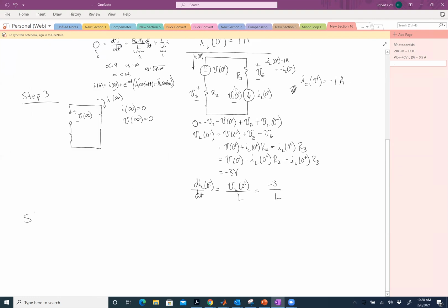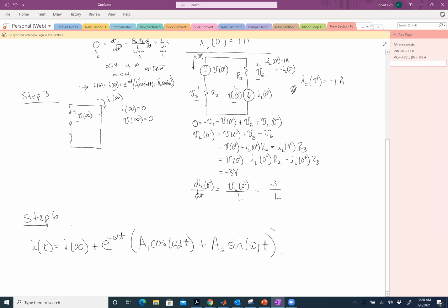My step 6 is to combine everything. If I go back to this, I have my I of t equal to my I of infinity plus e to the negative alpha t times a1 cosine omega dt plus a2 sine omega dt.